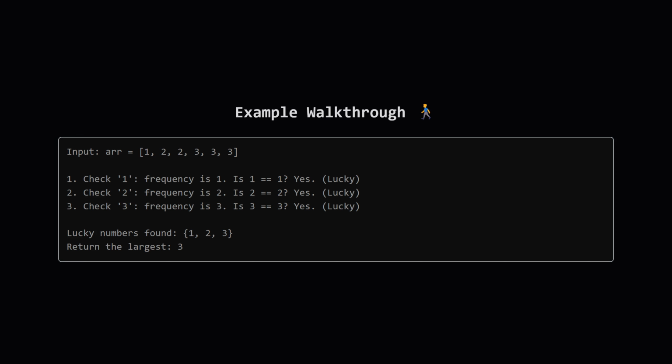Next, the number 2, it appears twice. Is its count of 2 equal to its value of 2? Yep, 2 is also lucky. Finally, the number 3, it shows up 3 times. And again, the count matches the value. So we have 3 lucky numbers here, 1, 2, and 3. The problem asks for the largest one, so we'd return 3.